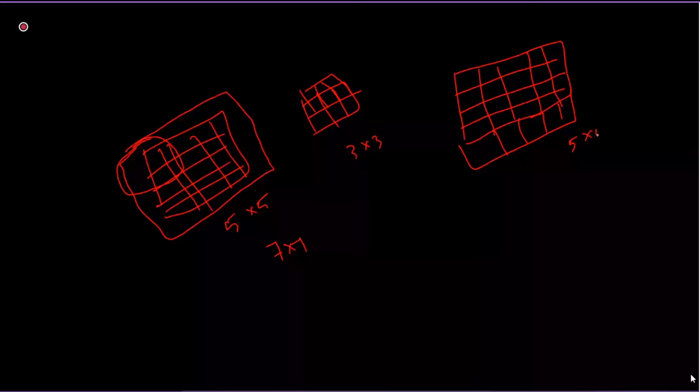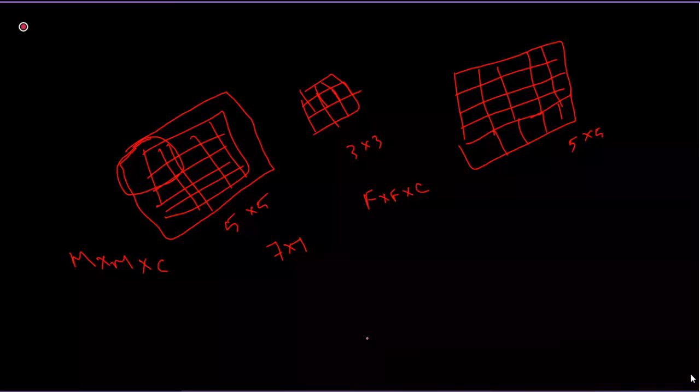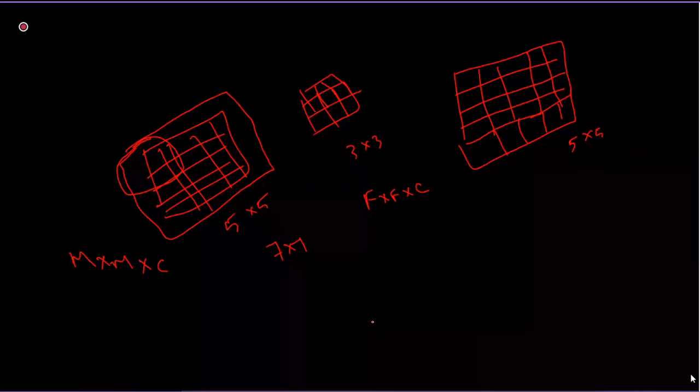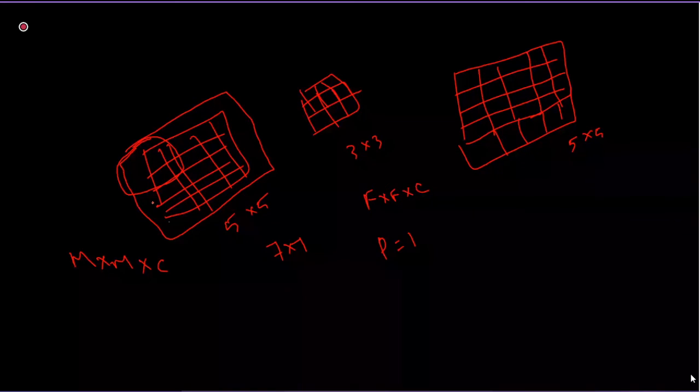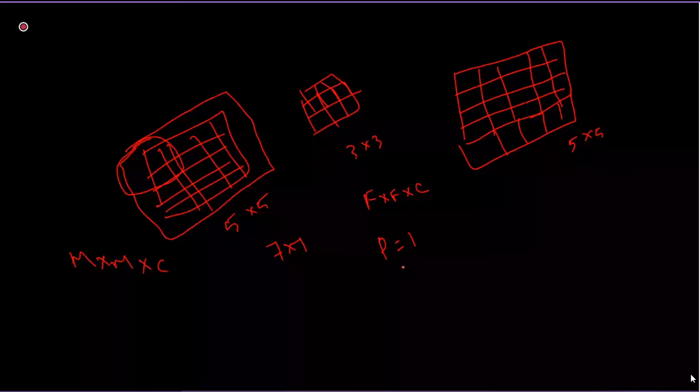So in general, if the input image size is M cross M cross C, when we are applying an F cross F cross C convolution, and suppose the padding is 1, here we are adding only one layer of zeros, that is why it is called 1. And if the stride is 1, now you will get the output feature map.